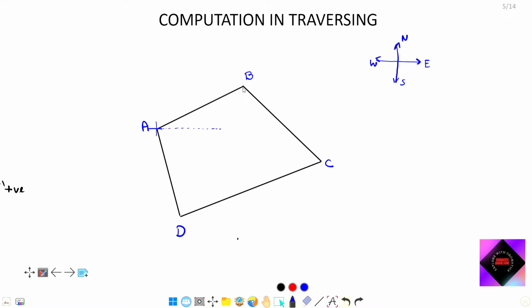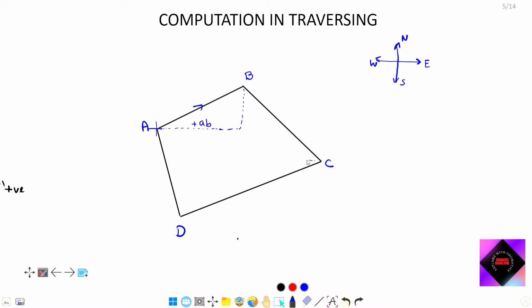Let's check for departure only. This much length will be easting; I am representing it as AB. This much length will be easting in this direction. I am considering it positive.